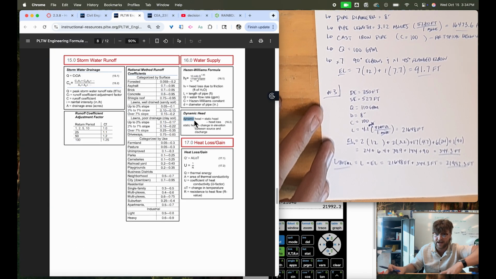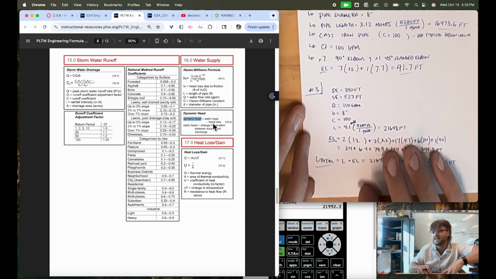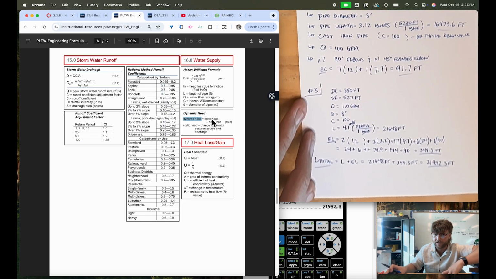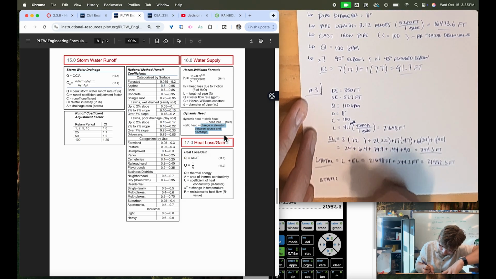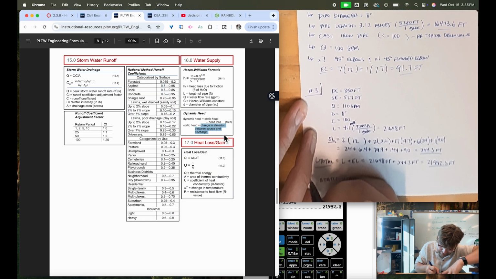Dynamic head, as we were talking about in class, is equal to the static head minus the head loss. And so where we want to start even before that is determining what static head is. Static head is the change in elevation between the source and the discharge. So we can write out static head, equation 16.2.